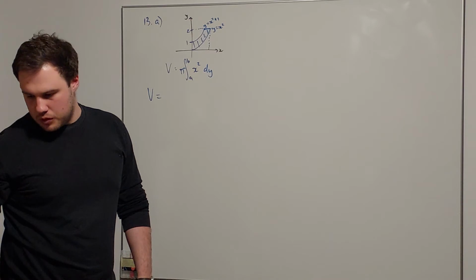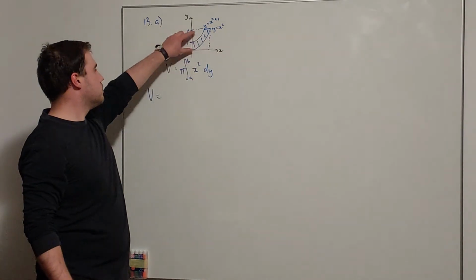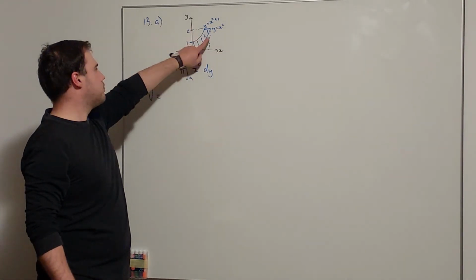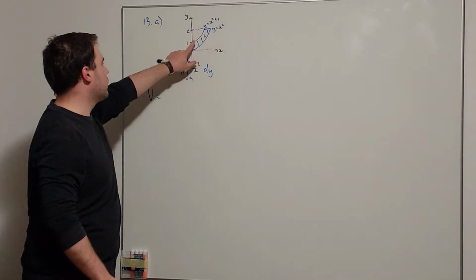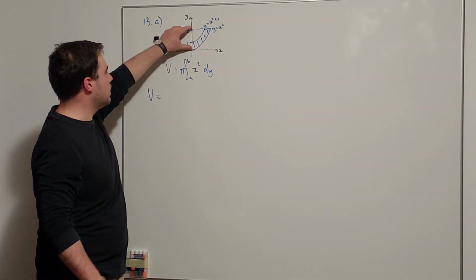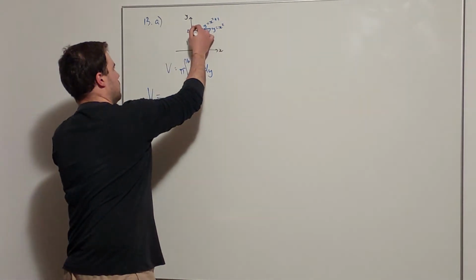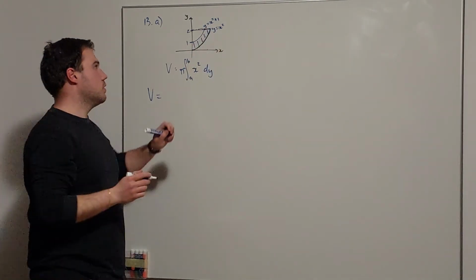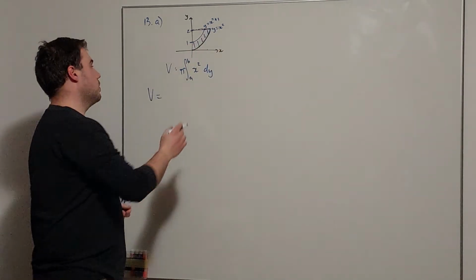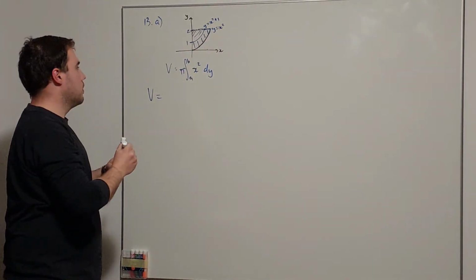Yeah, so we want the volume from 0 to 2. No, what am I doing? We want the volume from here to here. We want the volume of that rotated around the y-axis and then take away that bit there.